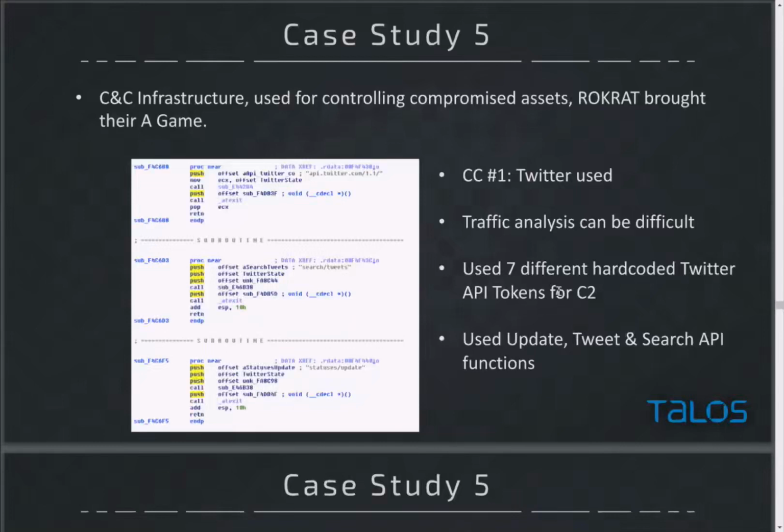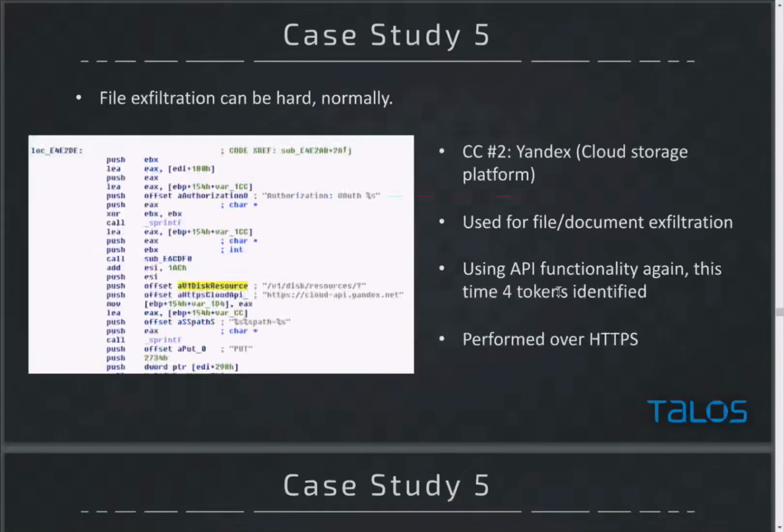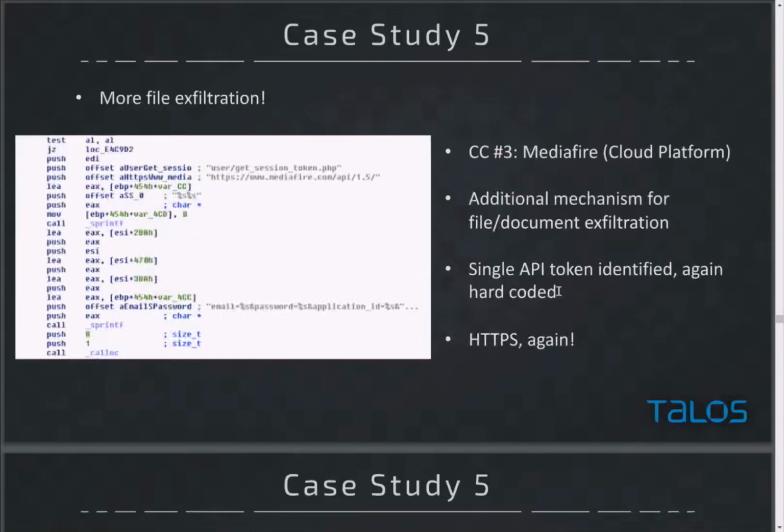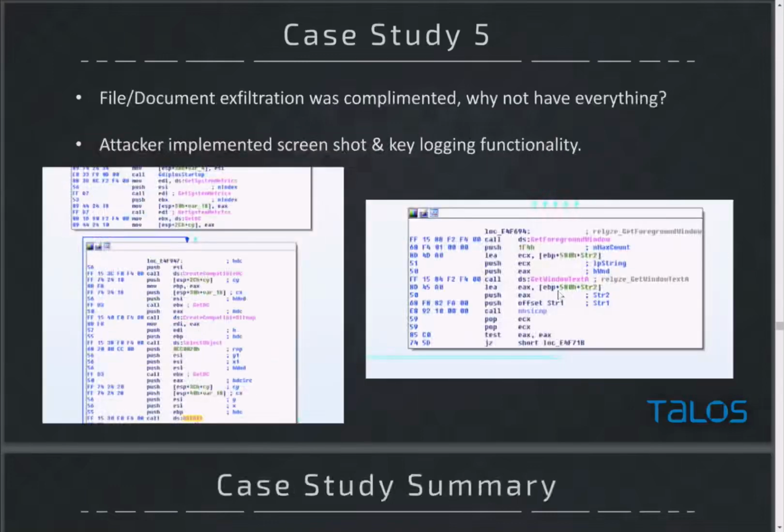It was 7 Twitter accounts. So it tries to connect to these Twitter accounts through the API to download orders. If that doesn't work, it uses Yandex, the Russian cloud system, with 4 different accounts. And if that really doesn't work, it switches to the Mediafire cloud platform with an account. All the accounts are coded inside of the sample, so you can see if they are up and running or not.